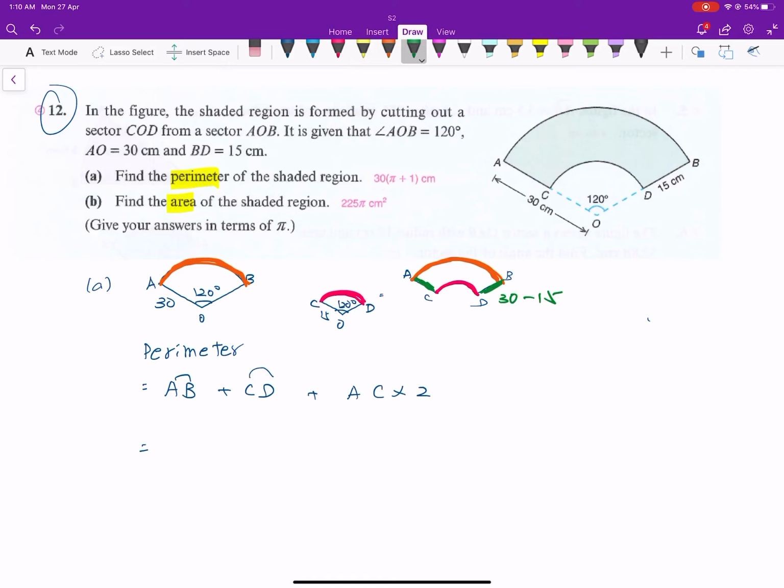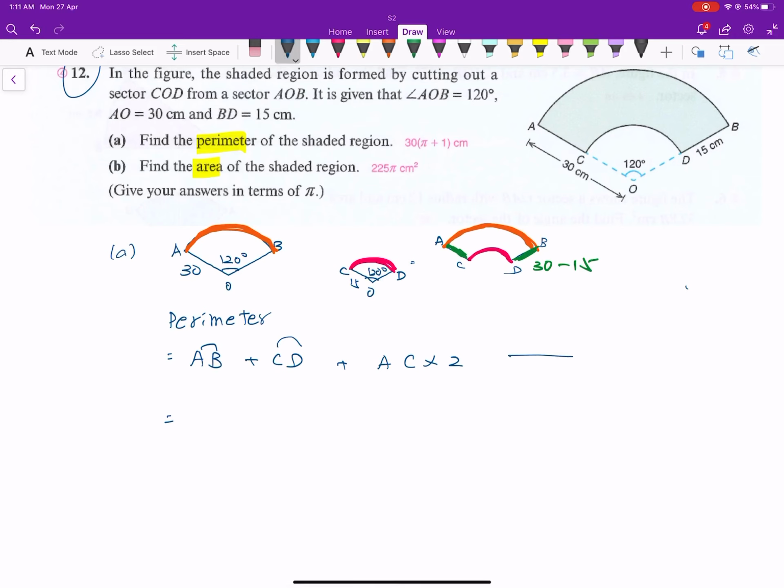For part A, if we want to find the perimeter, we are going to find the arc length of AB, the arc length of CD, and AC times 2. For the arc length of AB, arc length is 2 pi r, r is 30, times the part we need.